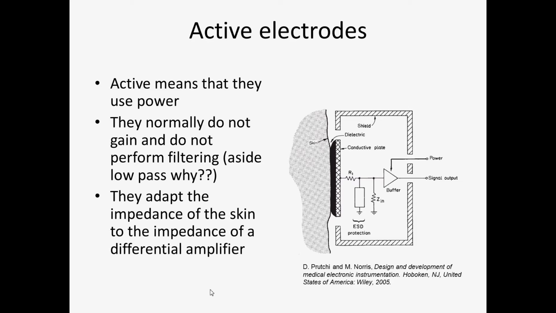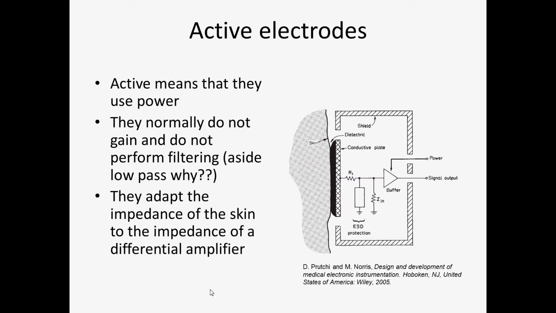To reduce this kind of noise capture, and also the noise capture from the environment, like the 50 Hertz noise and power line noise in general, you make the cable between the electrodes and the amplifier so short that you actually put the amplifier at the back plate of the electrode itself.